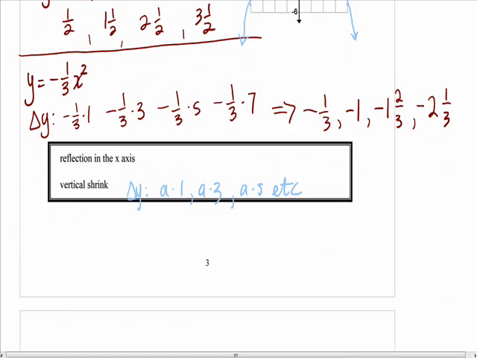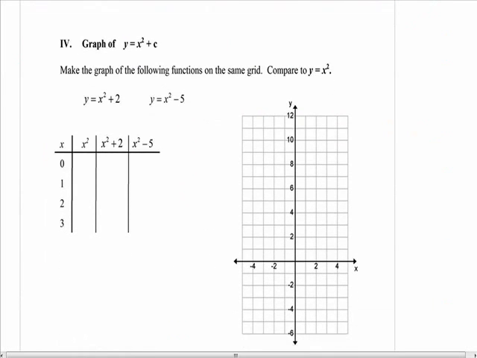Okay, we're on the last page today. Now we have the parent function, and luckily there is no a value, right? So we're not going to have to multiply 1, 3, 5, 7. We're going to use 1, 3, 5, 7. But we're going to have to translate. We're going to do a vertical translation.